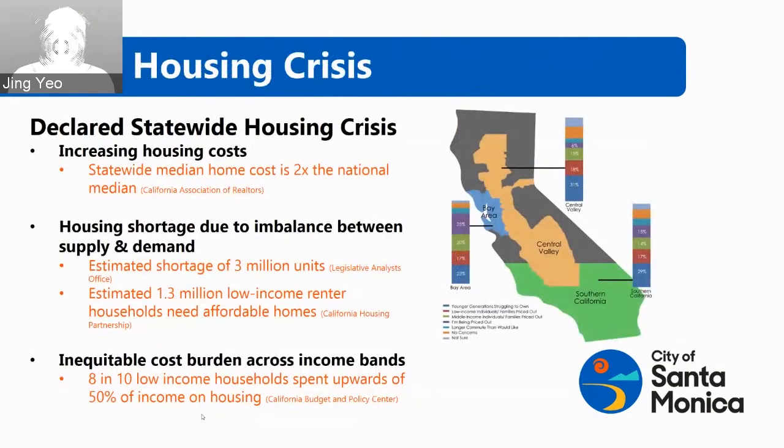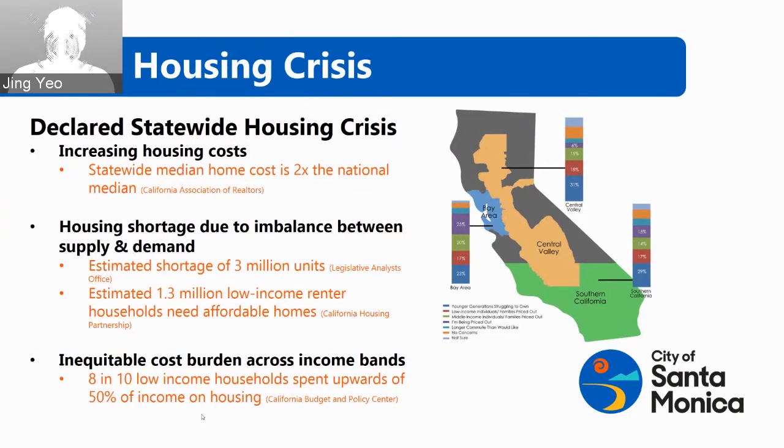So this update is taking place against the backdrop of a declared statewide housing crisis. And as we all know, it is very expensive to live in California. We're in decades of increasing housing costs. California's statewide median home cost is about 2 times the national median.